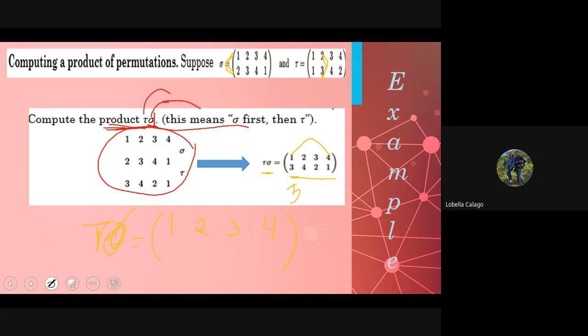Okay, so, before nyo ilalagay yung sa baba, imamap muna natin. 1 is to 2, then 2 is to 3, so 3. Next, ang 2. 2 is to 3, hanapin 3 ang sa P. 3 is to 4. So, lagay natin 4. Next, 3 is to 4, hanapin 4 ang P. 4 is to 2.